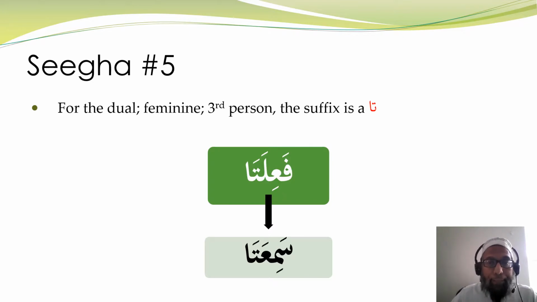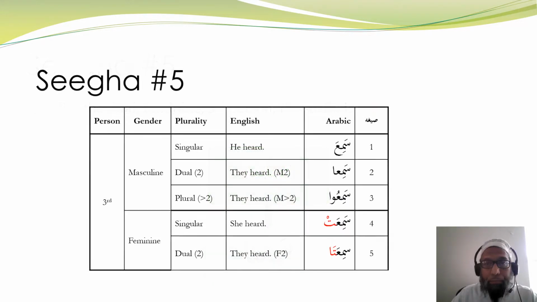And then we have fa'ilata, sami'ata, for the dual feminine third person. The suffix is ta alif at the end. Sami'ata upon the pattern of fa'ilata. So again, looking at the table: sami'a, sami'a, sami'u, sami'at, sami'ata. Now, those of you who memorized fa'ala and nasara, to memorize this will be easier.